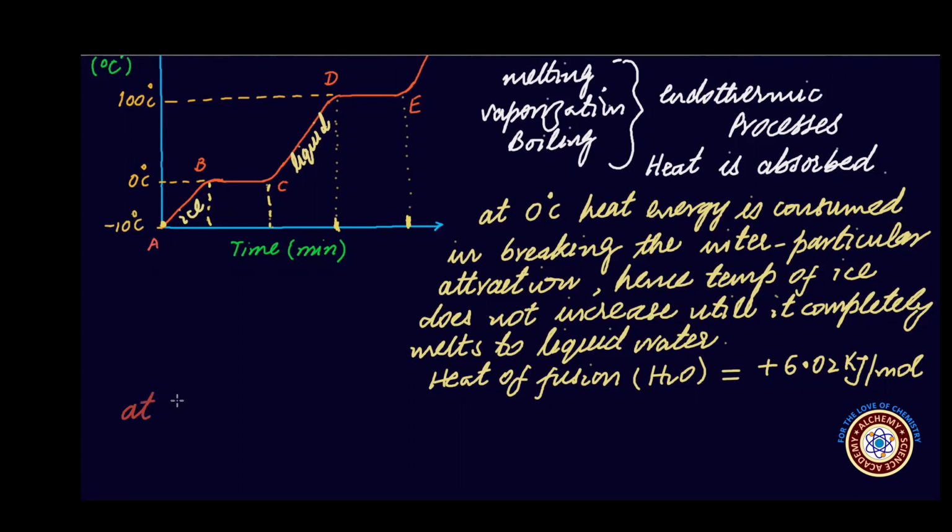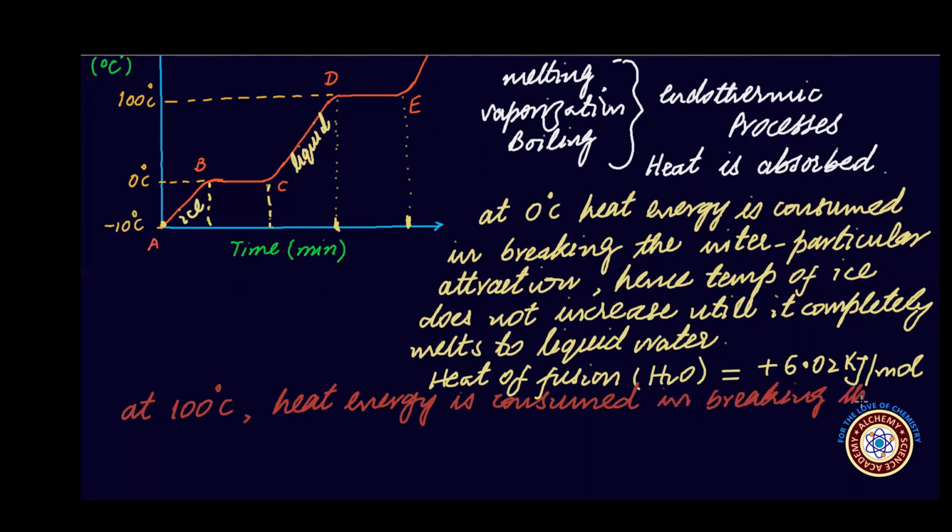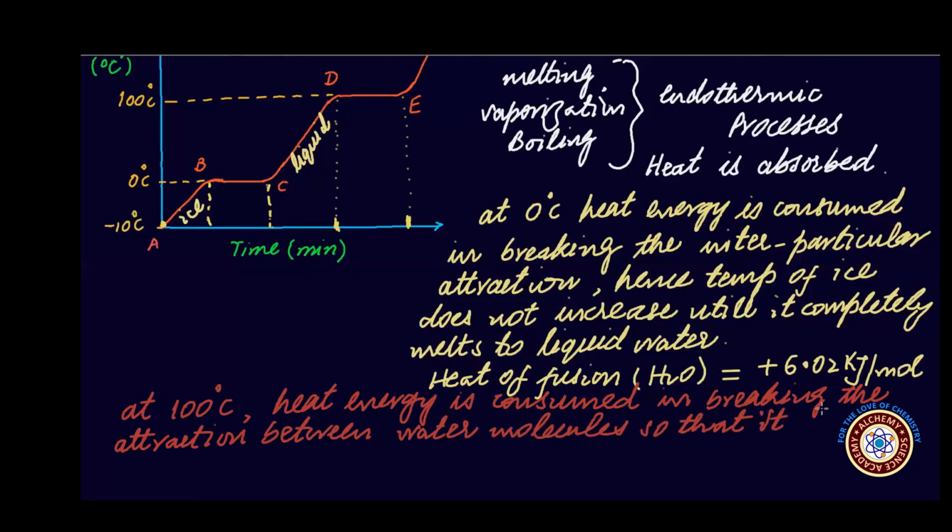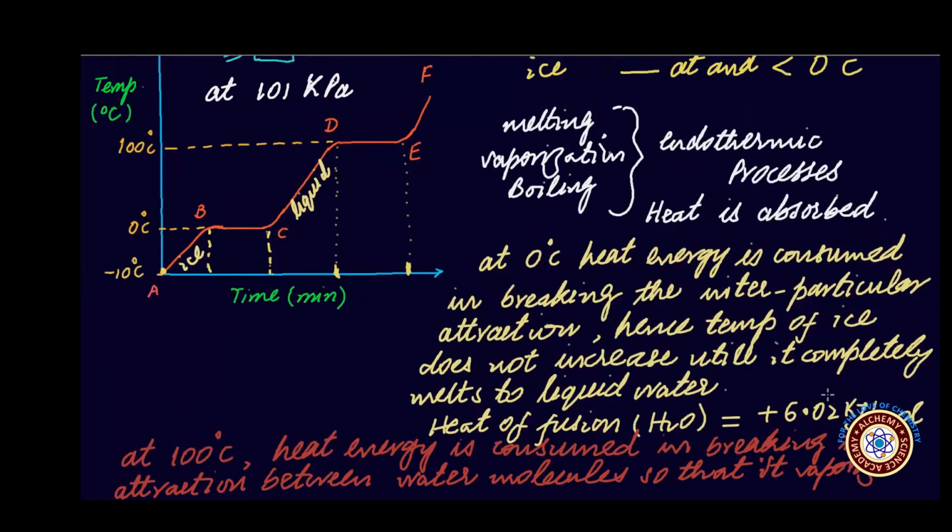So at 100 degrees Celsius, heat energy provided is consumed in breaking the attractions between water molecules so that it vaporizes, and as vaporization is an endothermic process, the supplied heat would not be able to increase the temperature of water until the entire liquid water turns into steam.